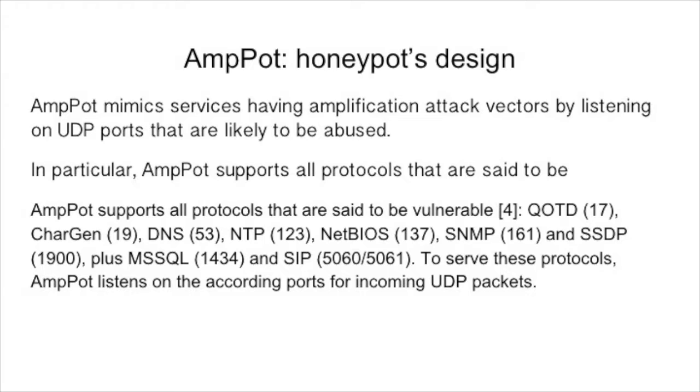In particular, AmpPot supports all protocols that are said to be vulnerable: QOTD 17, CharGen 19, DNS 53, NTP 123, NetBIOS 137, SNMP 161 and SSDP 1900, plus MSSQL 1434 and SIP 5060-5061. To serve these protocols, AmpPot listens on the according ports for incoming UDP packets.